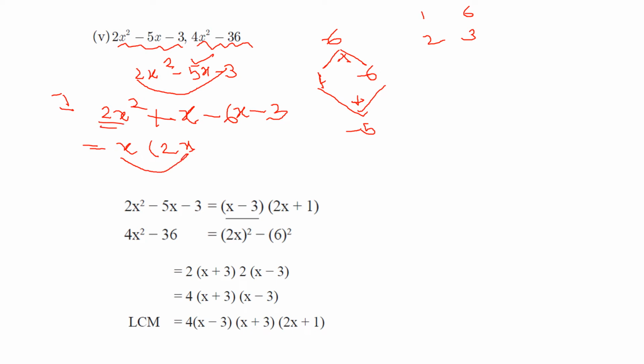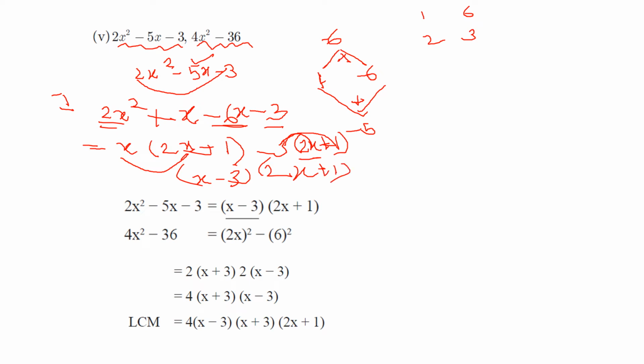That is correct. So x in x one time only. So 2x plus 1. Here also in the second bracket you write the same one. And here you see 2x, here minus 6 means which number you multiply, you get minus 6x, minus 3 only. That is minus 3 into 2x is minus 6x, minus 3 into 1 is minus 3. Therefore, the factors are x minus 3 into 2x plus 1. This is the first method.